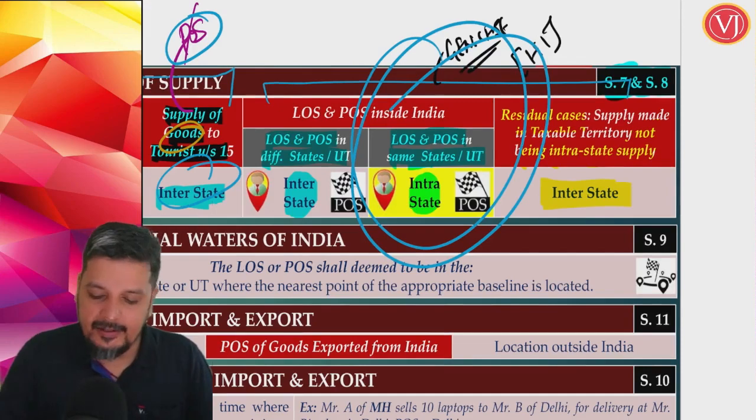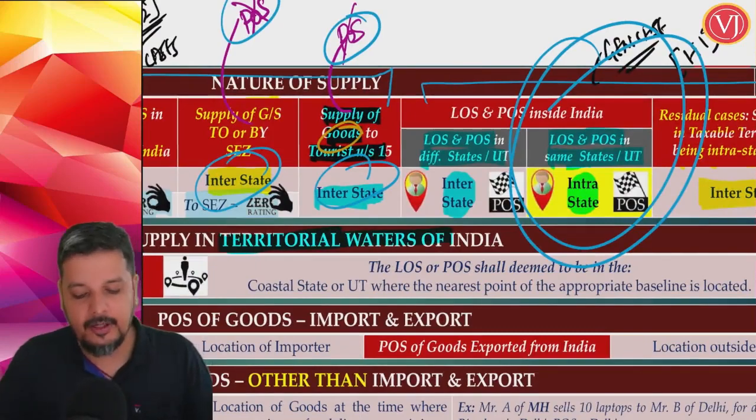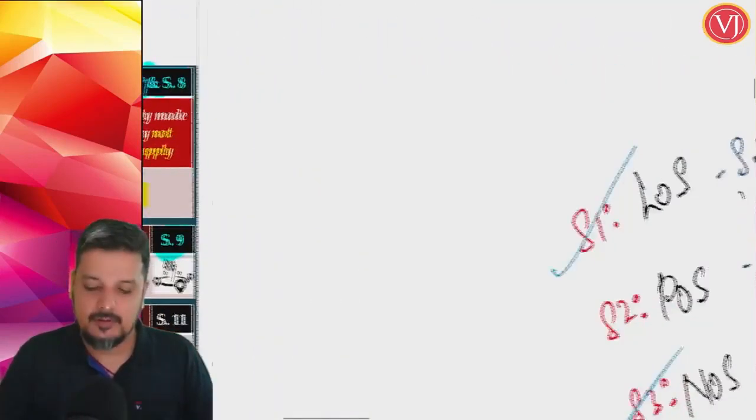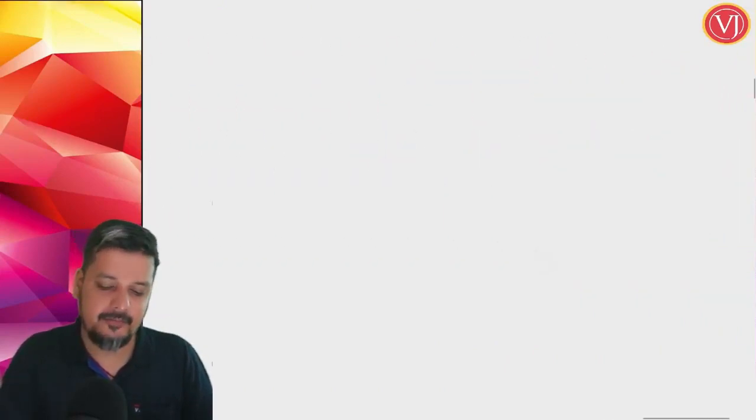And section 9 is an utter time pass section. It talks about what if your LOS or POS is in the territorial waters of India. I'll explain this with a very simple example, and by default you'll have an answer.